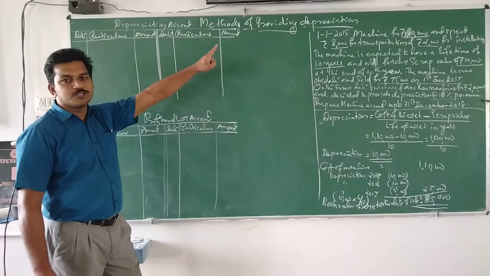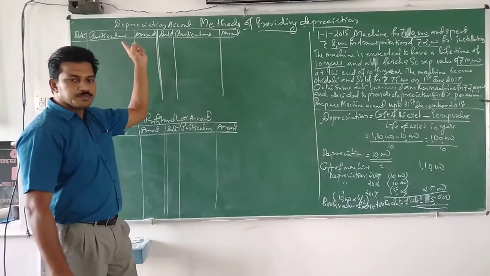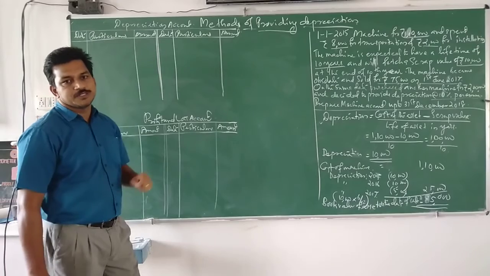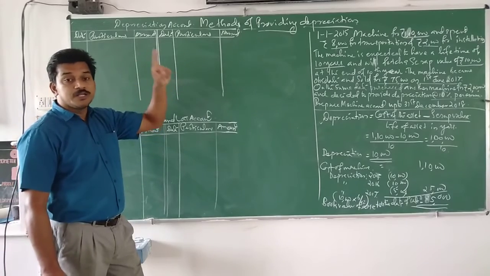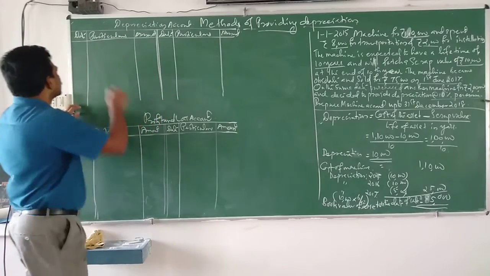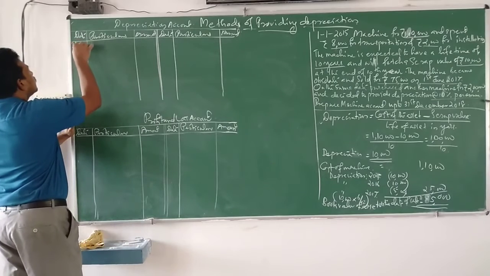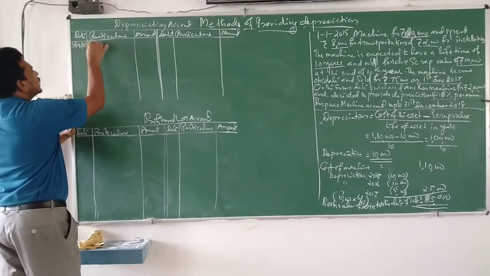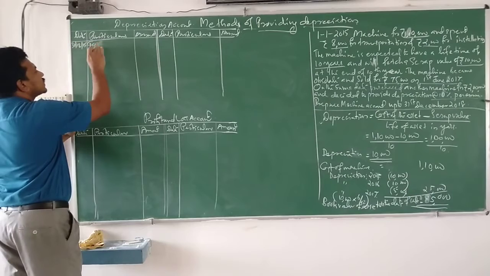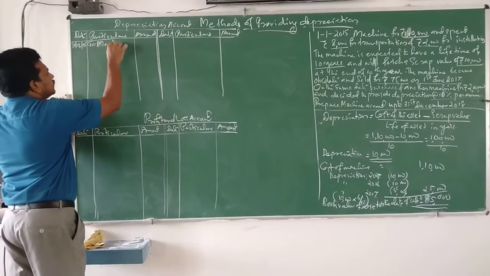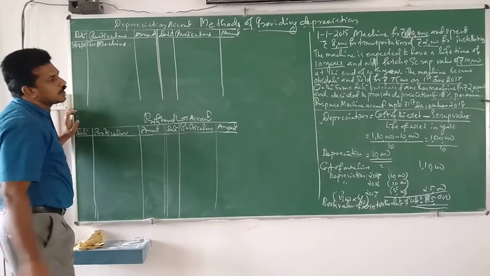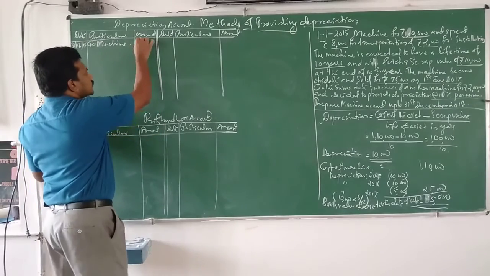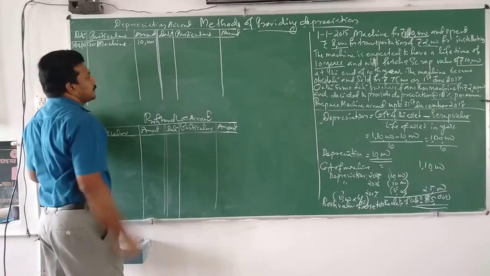In the asset account it was credited, so in depreciation account it is to be debited. On 31/12/2015, which was the asset? Machine. How much? 10,000 was the depreciation.